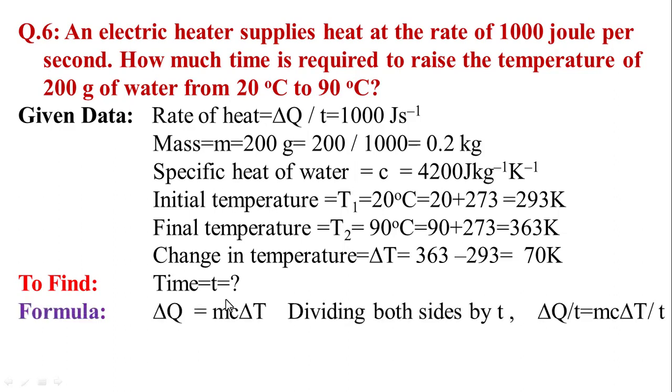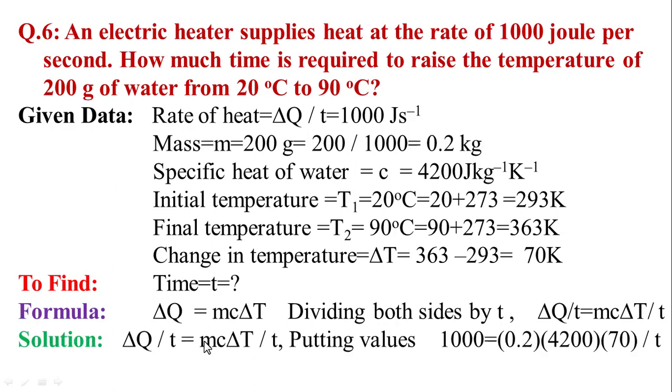First of all, we know the formula delta Q is equal to MC delta T. Now dividing T on both sides, so delta Q by T is equal to MC delta T divided by T. Then we can find the T, so putting the value, delta Q by T is equal to 1000 joule per second.